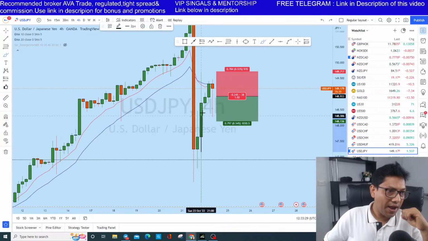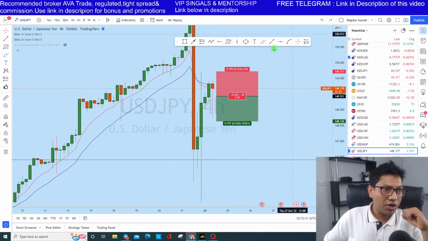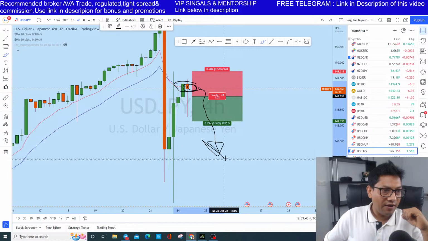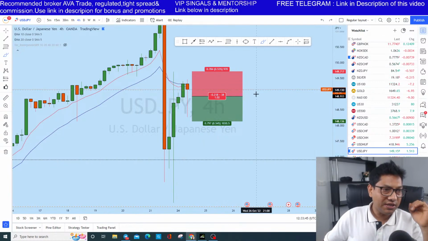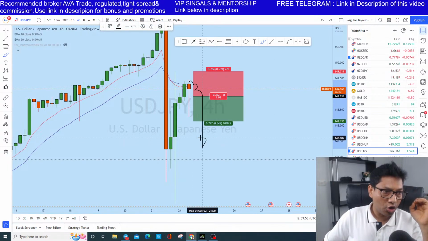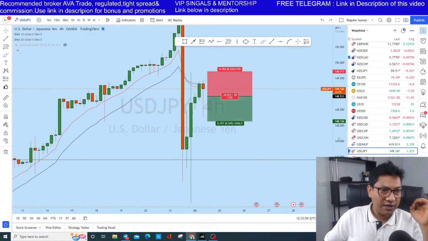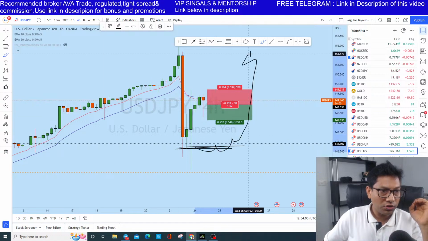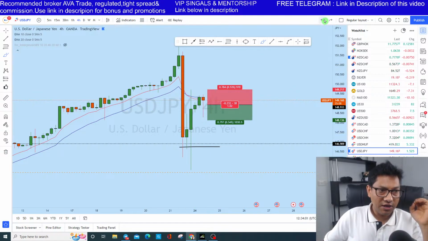With this middleman, you can see that from the top of this candle, this is a rejection. A couple of candles have been printed below this level, so we can expect a rejection in the zone. This candle is almost closing after half an hour. I think it is giving us a shorting opportunity for a short time, and I think dollar yen will come back to this zone again, to this level of support, and from here we could see it creating a bullish move.